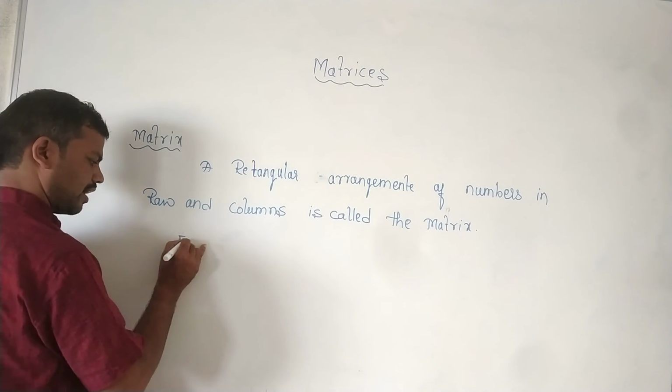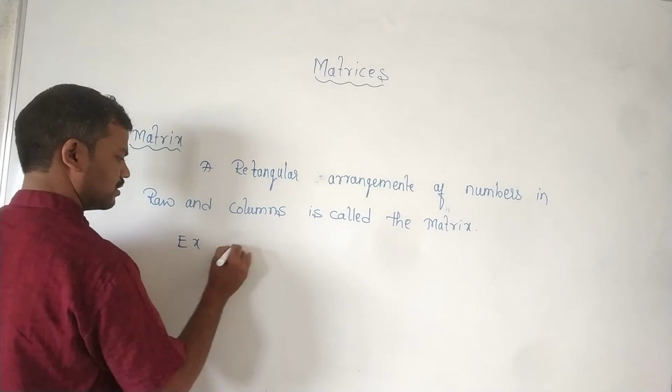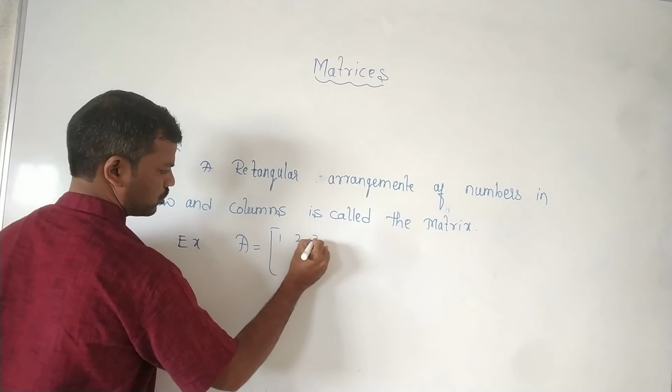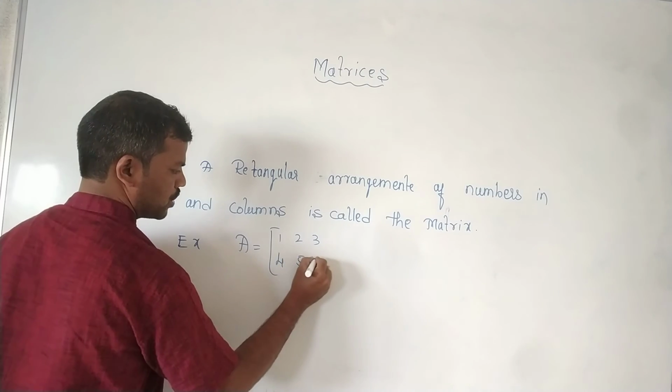Let me take an example: A is equal to 1 2 3, 4 5 6.